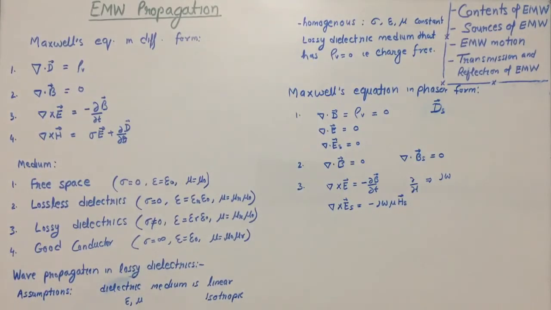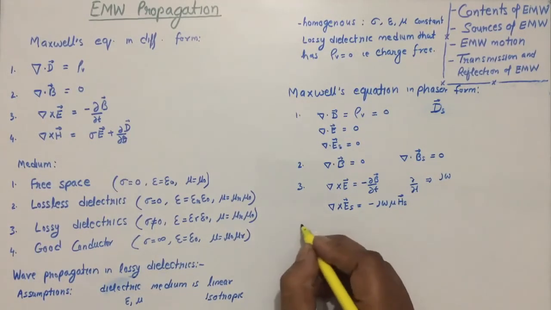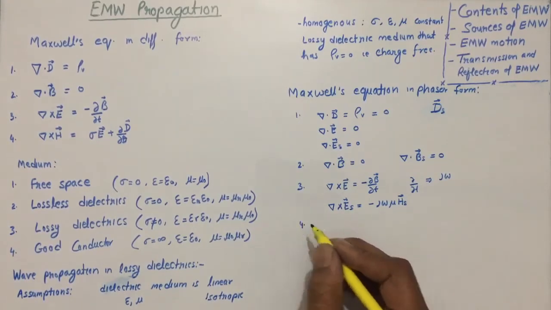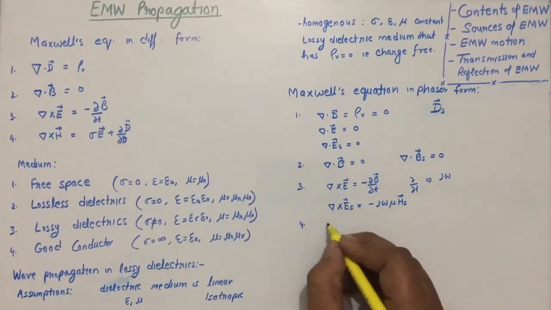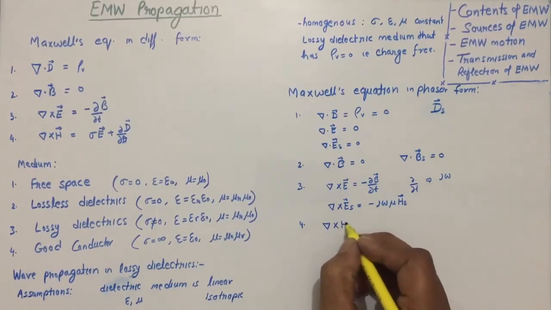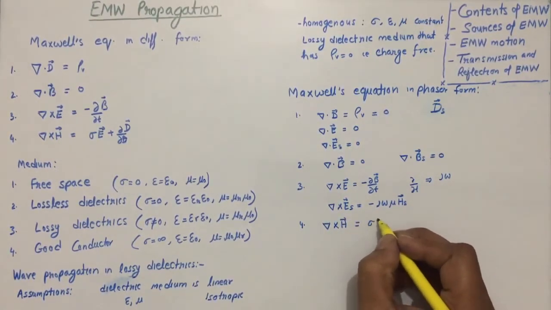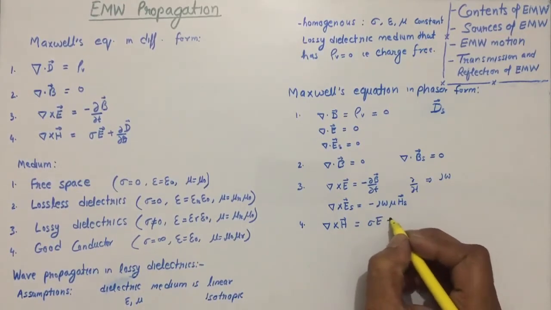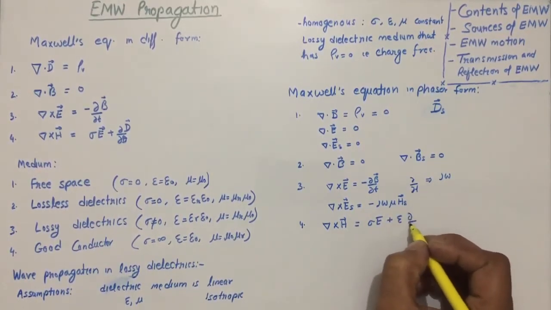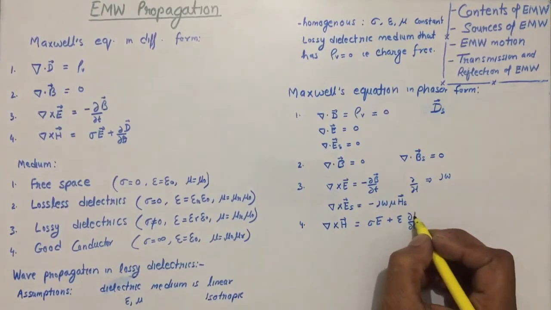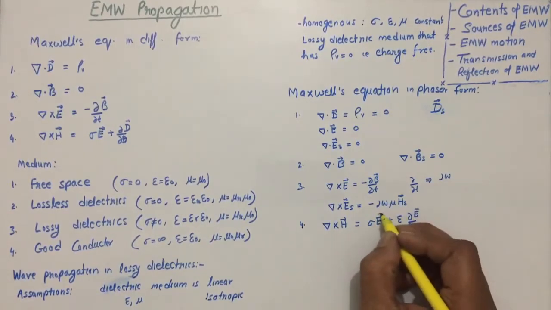Hope it is okay. And the fourth equation, that is the modified Ampere's law, the normal one is curl of H is equal to sigma E plus epsilon del E over del t.